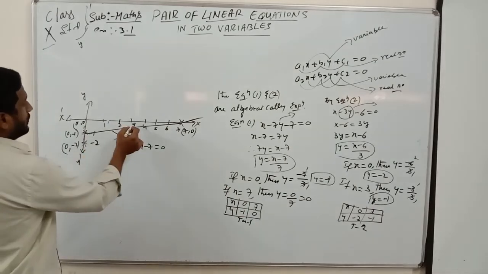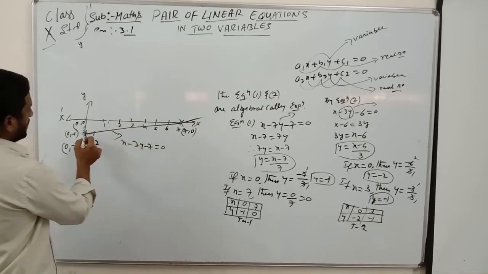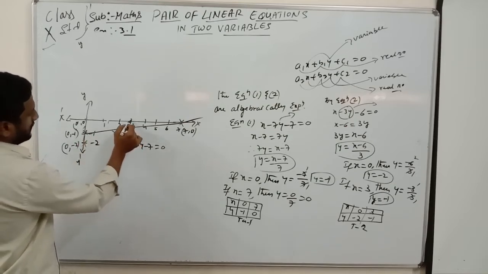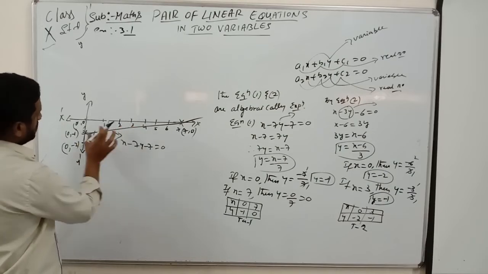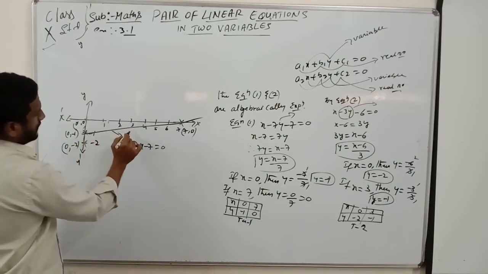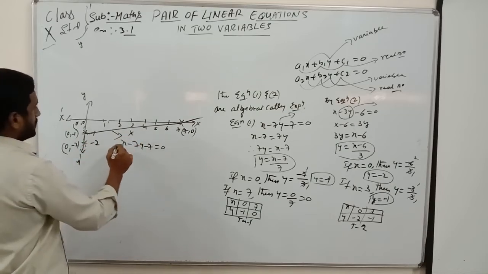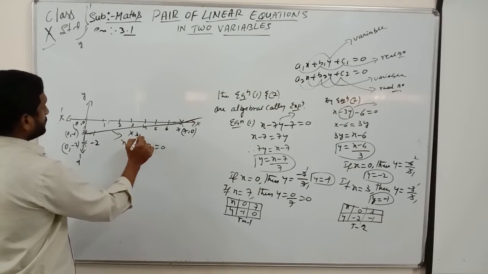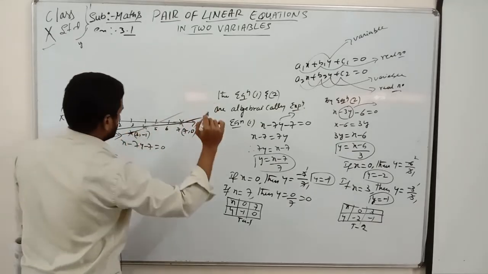Where 3 and minus 1 intersect, the lines come here, so they intersect here. Mark it with a star. This is 3 at minus 1. So we can join these 2 points and extend it.